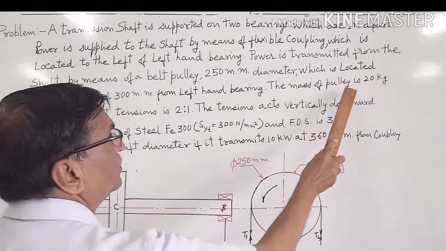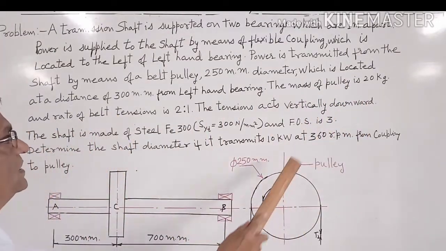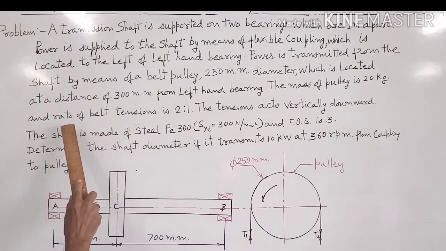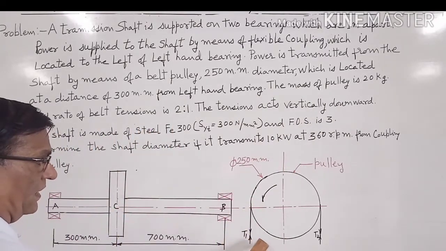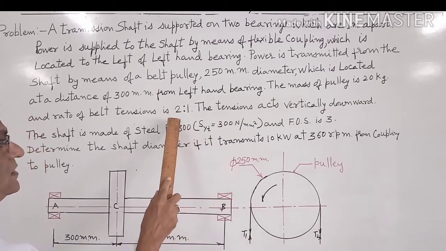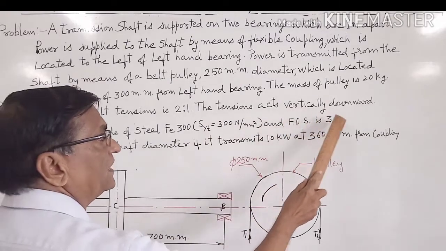The mass of this pulley is 20 kg, and the ratio of belt tensions, that is T1 upon T2, is 2:1. The tensions act vertically downward.